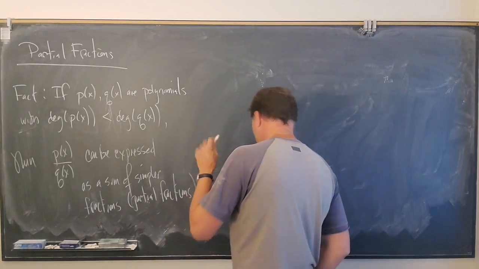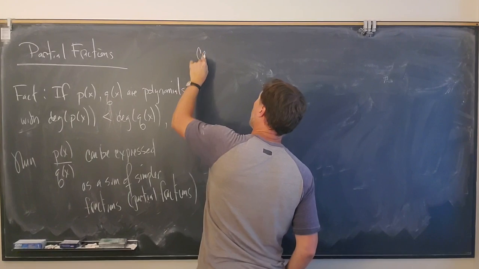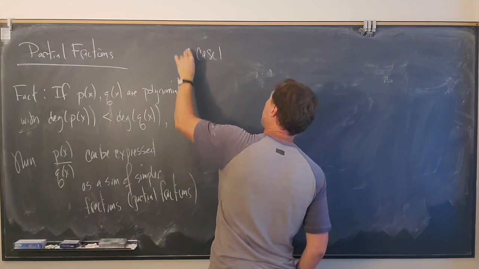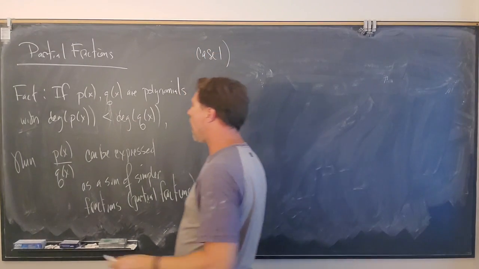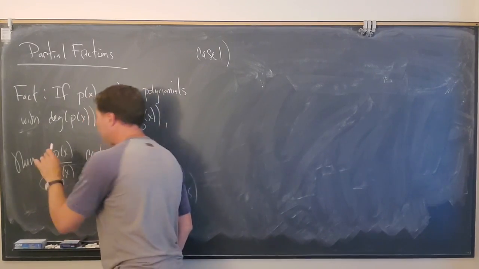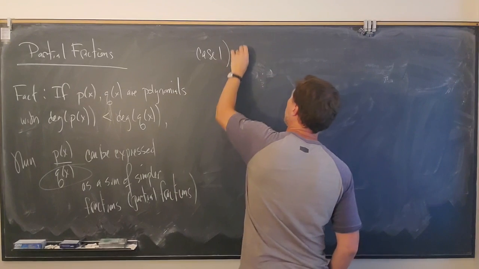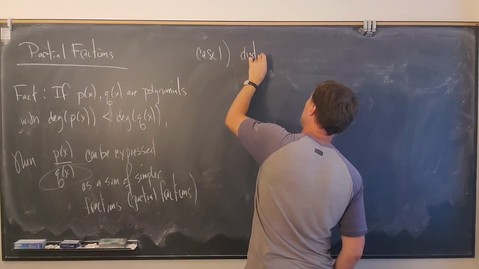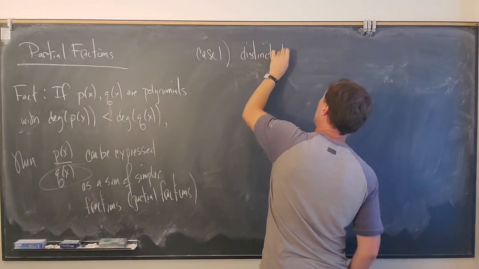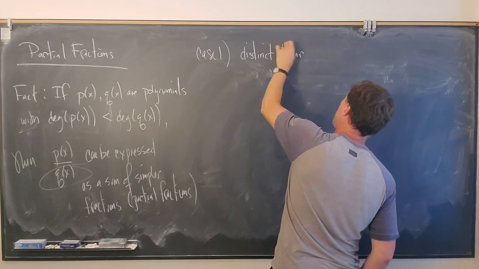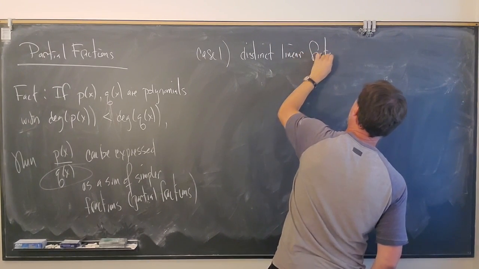We're going to break this into cases, and the cases all depend on the factorization of the denominator. So case 1, distinct linear factors.